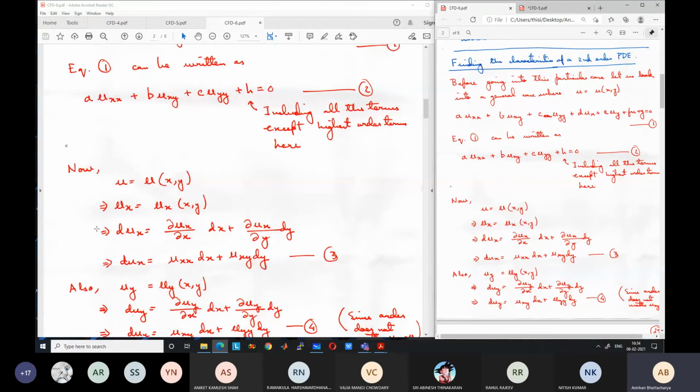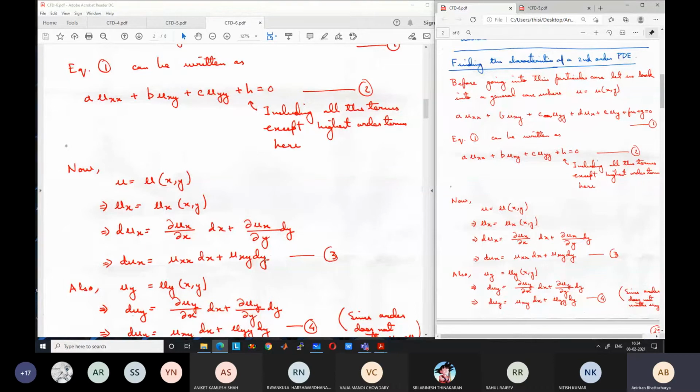What is ∂u_x/∂x? It is the double partial derivative of u with respect to x, so u_xx dx, and ∂u_x/∂y is u_xy, meaning ∂²u/∂x∂y, so u_xy dy. So this is another equation, equation 3: du_x = u_xx dx + u_xy dy.